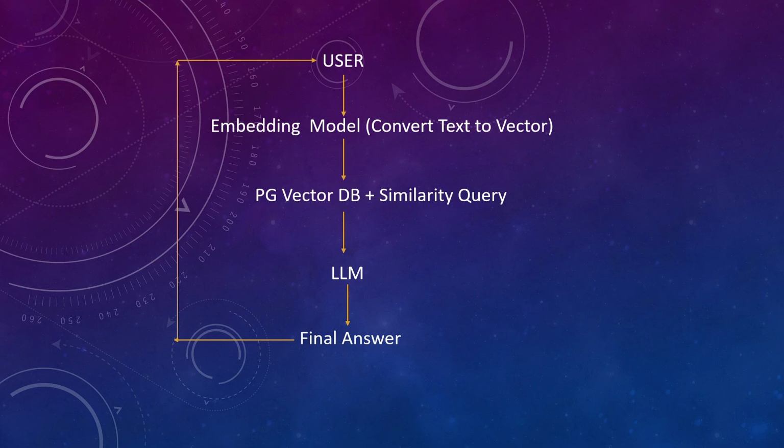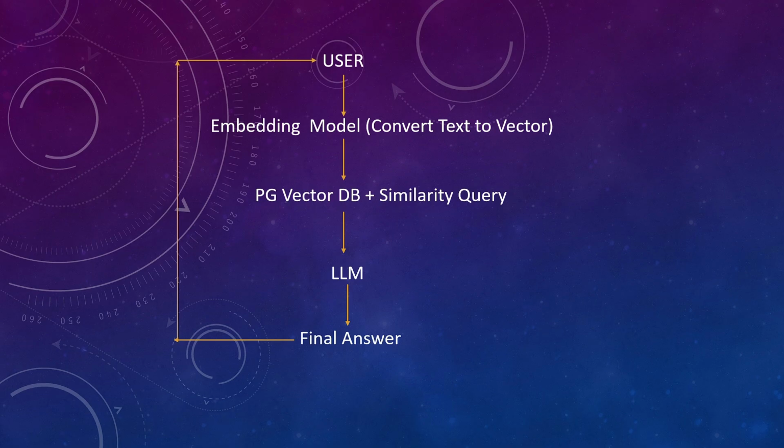The main components in this flow are the embedding model, which converts the text to vector, and PG vector, where the actual vector data is stored. The semantic search is done based on the most likely vectors, and it fetches the data. That data is sent back to the LLM, and the LLM's responsibility is to send back the final answer in natural language.